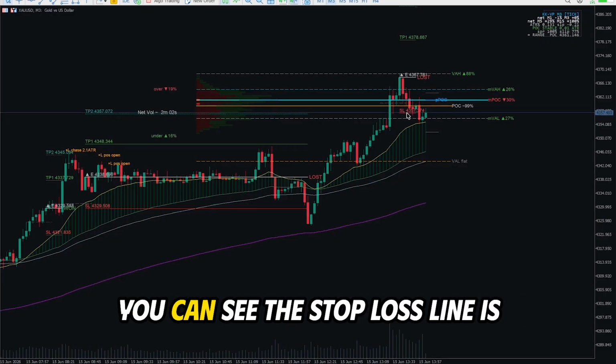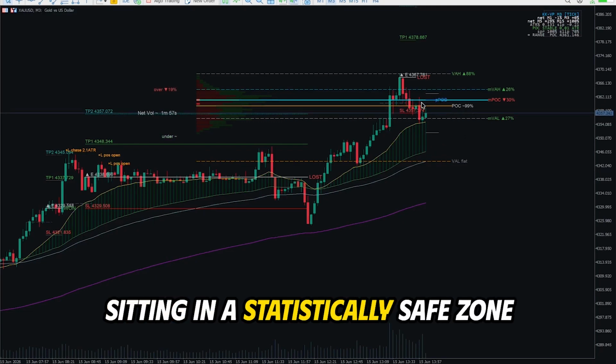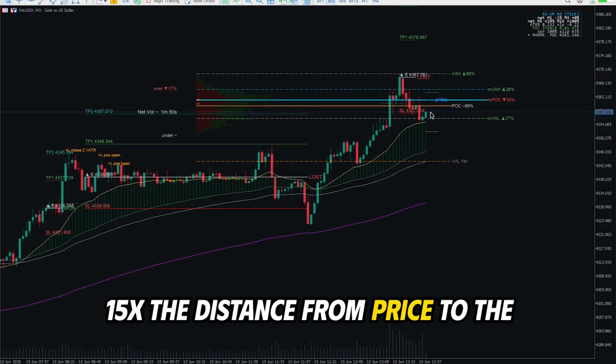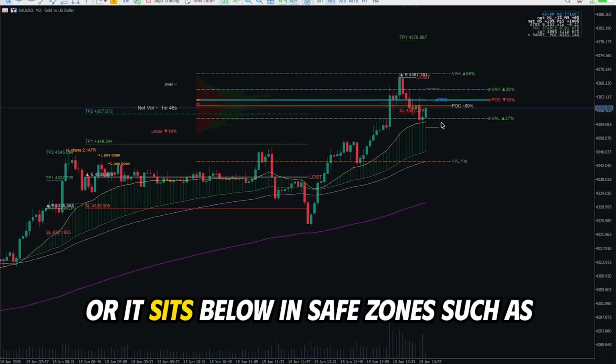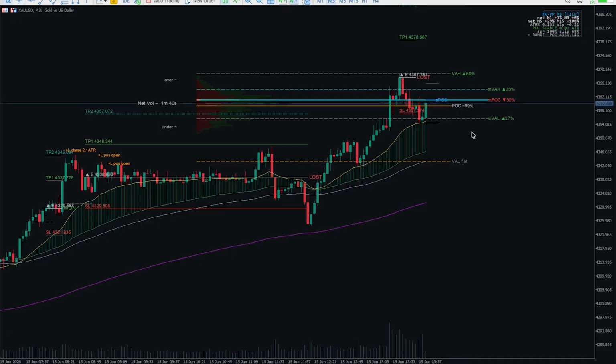Once the bot has received the signal, you can see the stop loss line sitting in a statistically safe place. It will be somewhere around at least 1.5x the distance from price to the gauge, or it sits below in safe zones such as below the point of control of the current node.